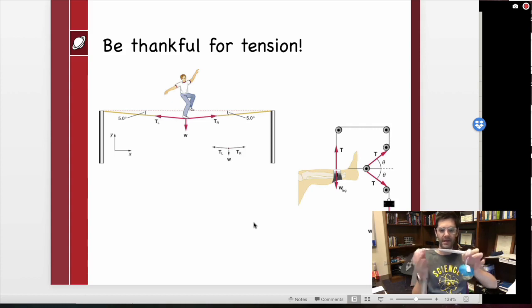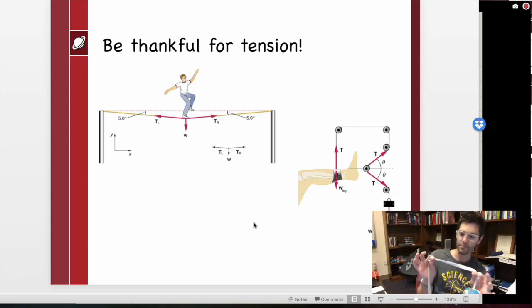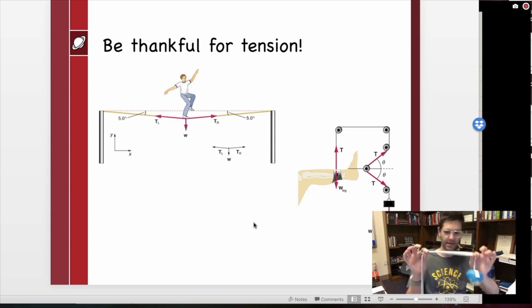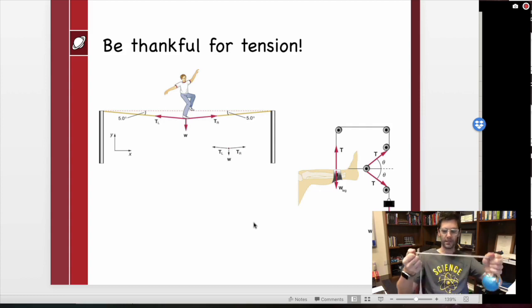So if we were to look at any individual little molecule of rope, it would be being pulled to the left and to the right with this same tension force. The exceptions of where it is not both pointing to the left and to the right is at the endpoints. So in this case, both of my hands are feeling a tension that is pulling them towards one another as I pull on the rope, again, a result of them pulling on the rope in the opposite direction.